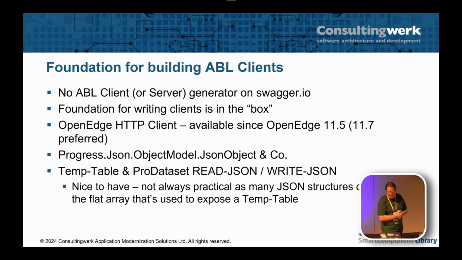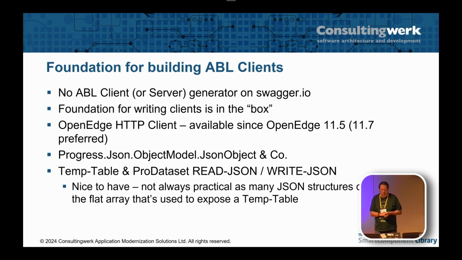So that's why we have to do something ourselves. So there's no ABL client generator on Swagger.io, but all the stuff that we need to deal with REST clients, REST services, are in recent versions of OpenEdge. But nobody should be on 11.7 anymore, but definitely everything is in 12.